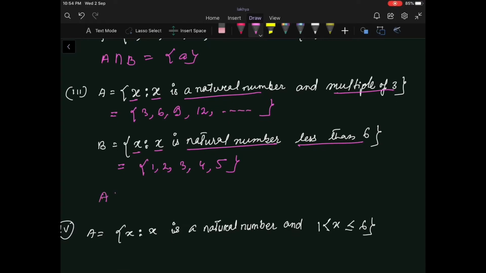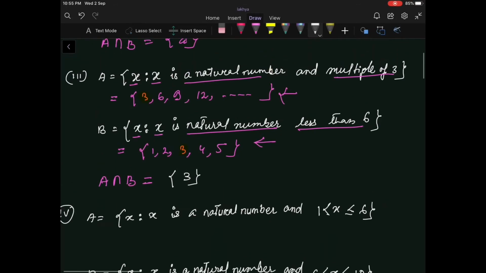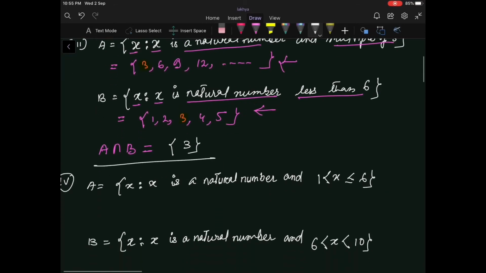So for A intersection B, what are the common elements in these two sets? Only 3 is common, so our answer is the set containing 3. This is A intersection B.